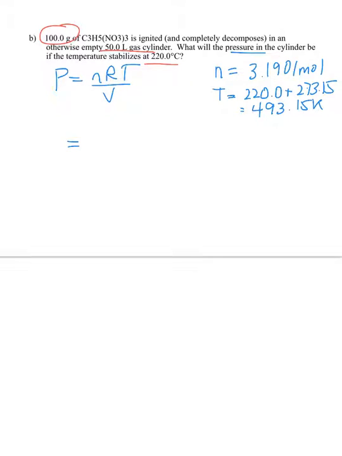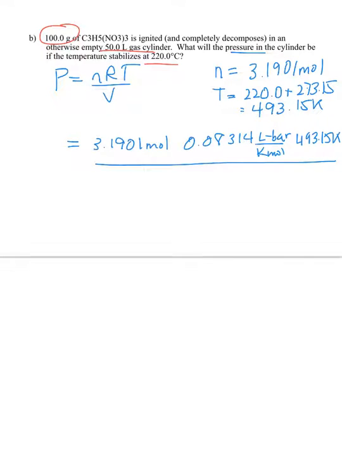So substituting these into the equation, 3.1901 moles, the gas constant in the appropriate units, and then the temperature, 493.15 Kelvin, all divided by the volume, 50.0 liters. If I do that calculation, I get 2.6159 bar. How many significant figures should I have here?